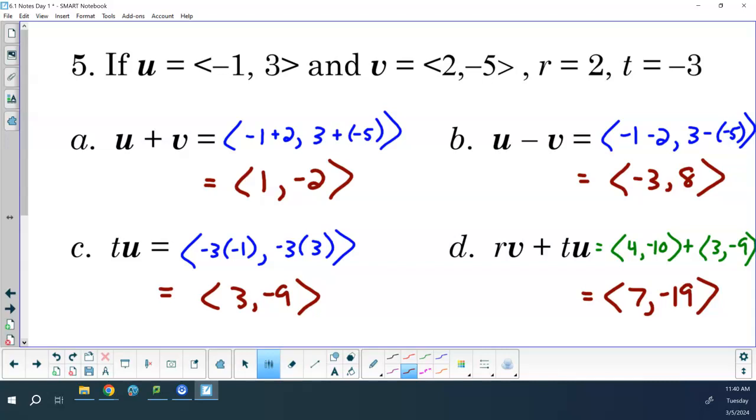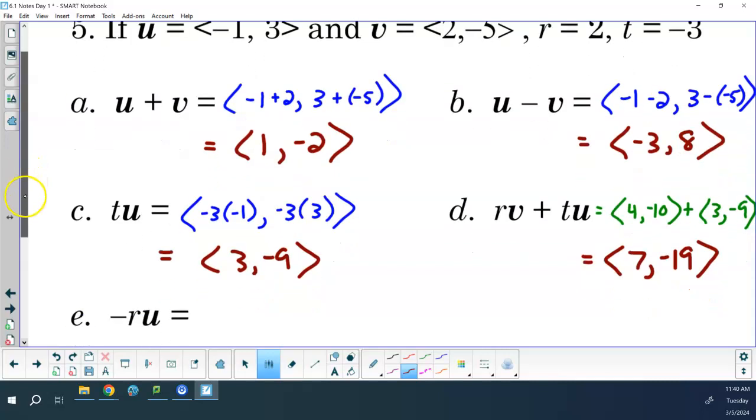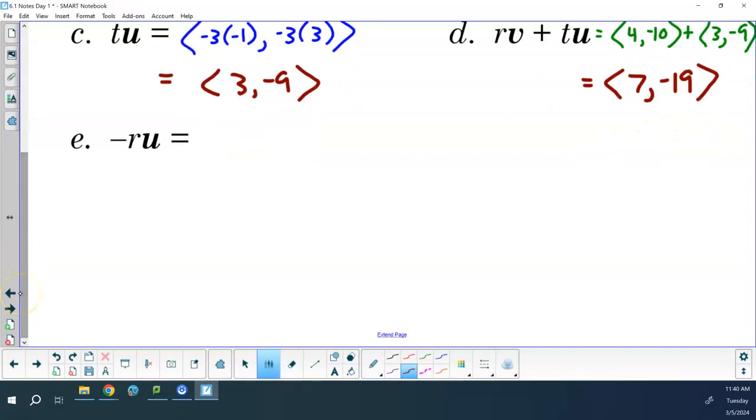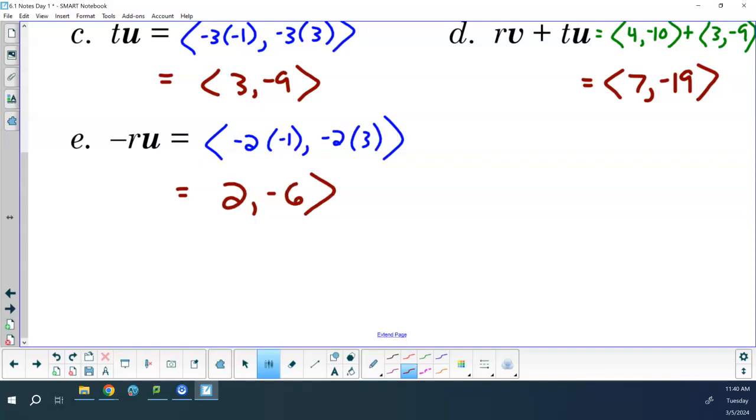Agree with me on that one. Then we had letter E. -R times U is going to be -2 times -1, -2 times 3, that's going to give me 2 and -6. That's a bad one.